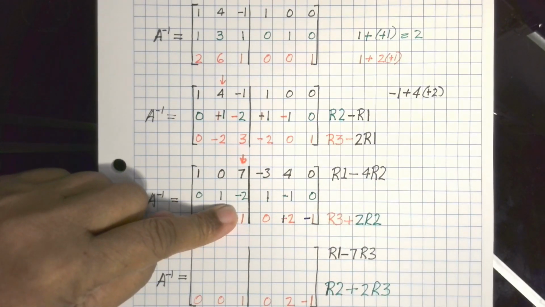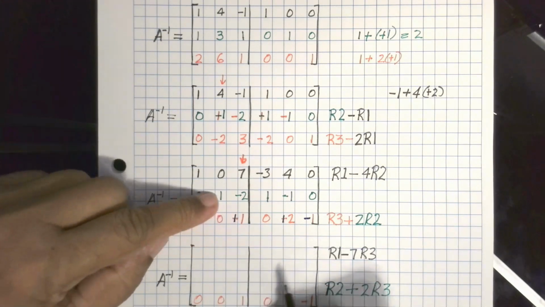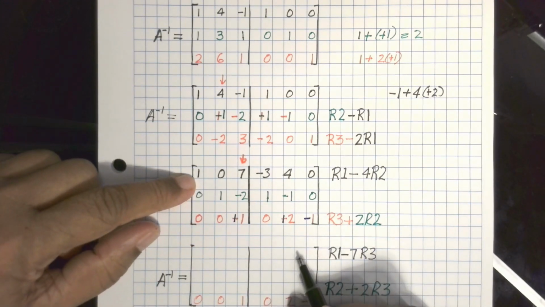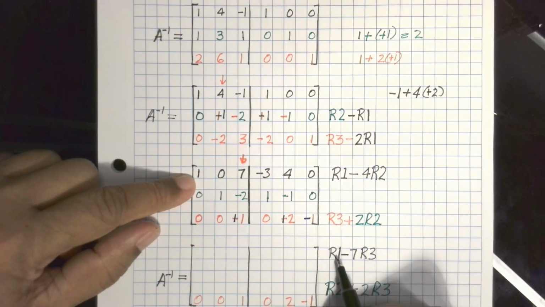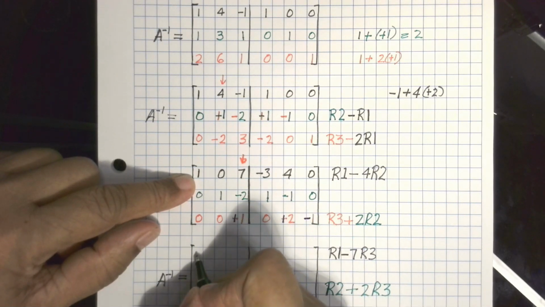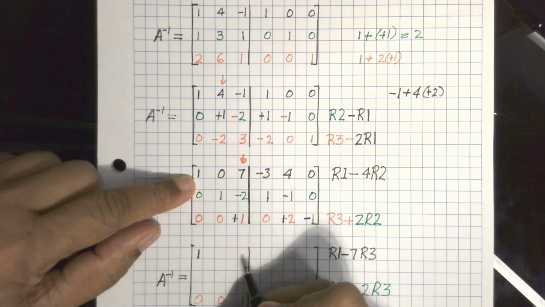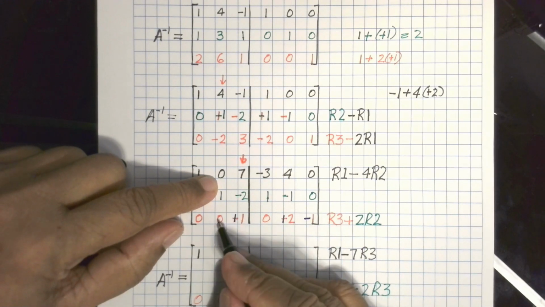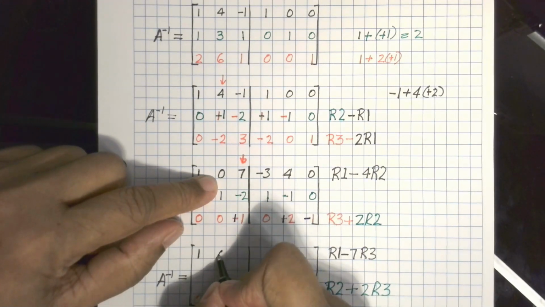Right, and let's go and change this particular row here. Our instructions are row 1 minus 7 of row 3. Row 3 is right there. That doesn't change anything. 7 of this does not change that either.